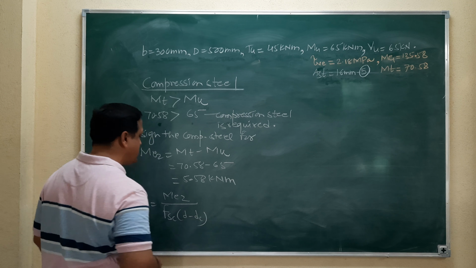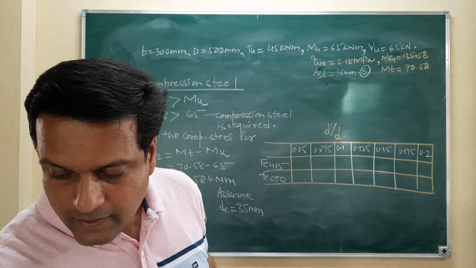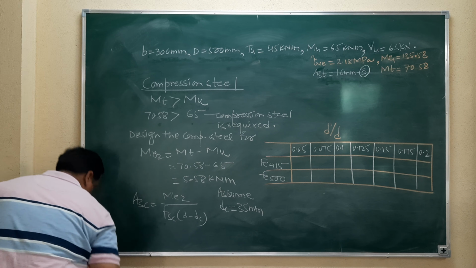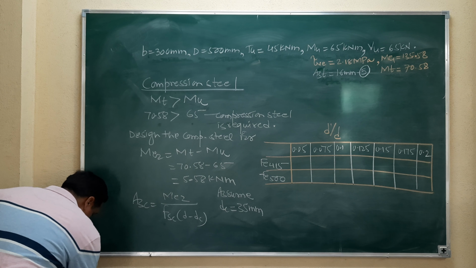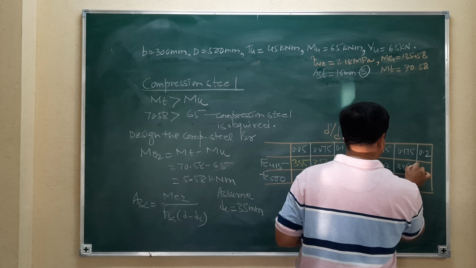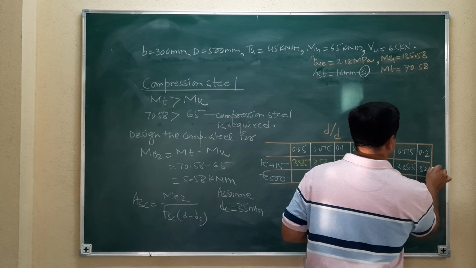For Fe 415, the values are 355, 354, 353, 347.5, 342, 335.5, 329.